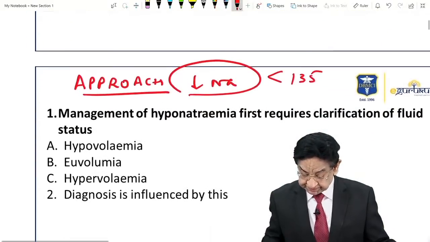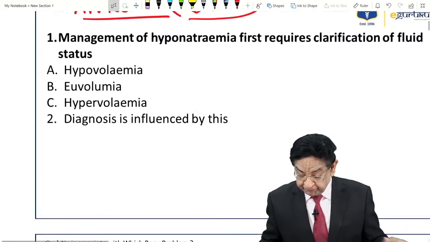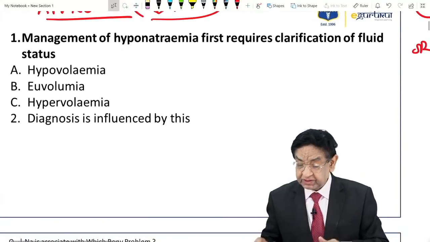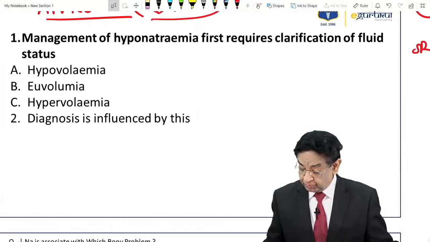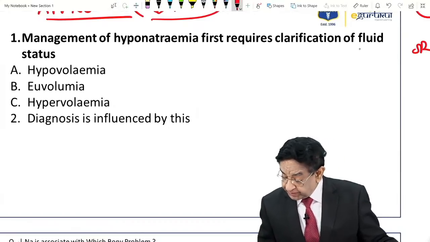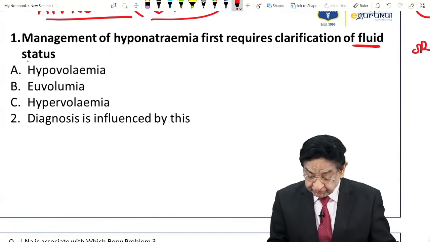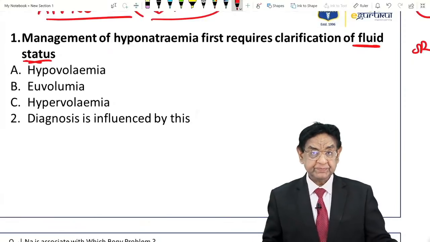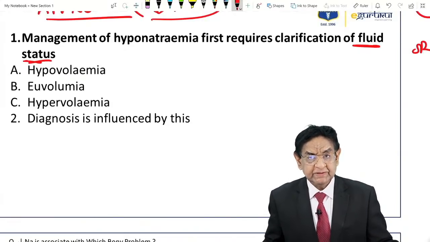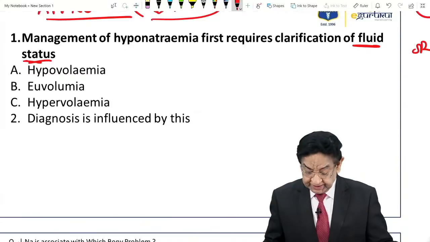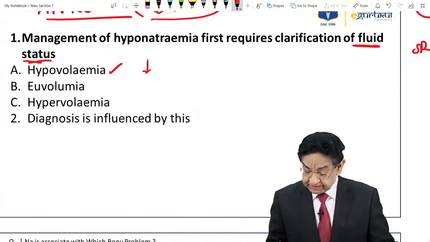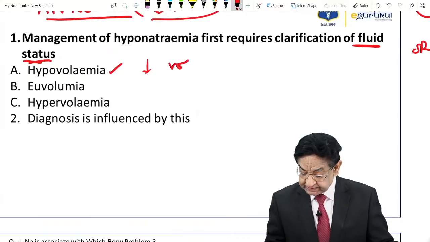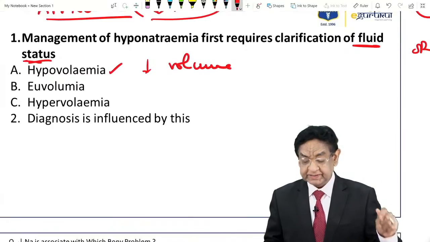So friends, first thing, when we are talking about hyponatremia, we got to know what is the fluid status. Underline this word, fluid status of the body. That means how much water is in the body. It may be hypovolemia, that means the volume of water in the body is less.